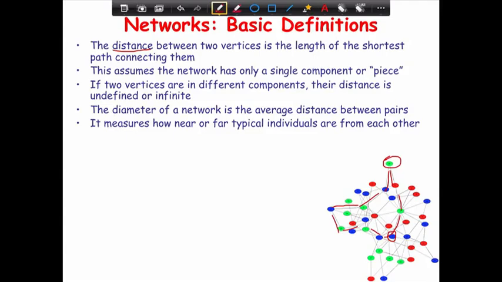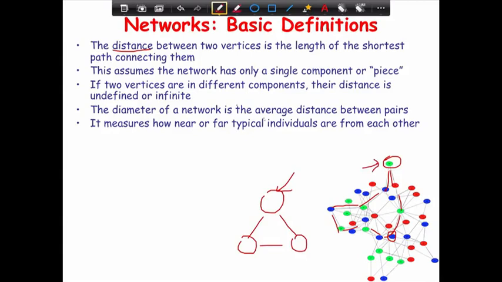Also notice that this definition assumes that the network only has a single component or piece. If instead I told you that in addition to what you see here, there was another piece of this network, let's say this little triangular structure over here, then there's no path between this vertex and let's say this vertex, because they are in disconnected components.